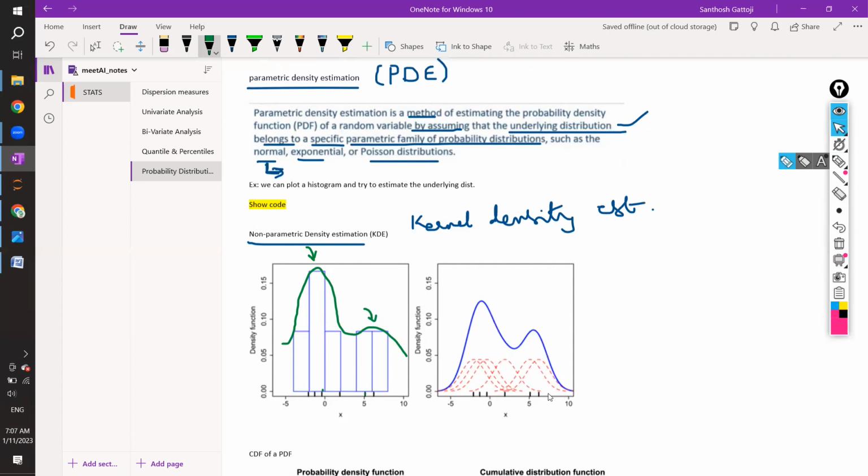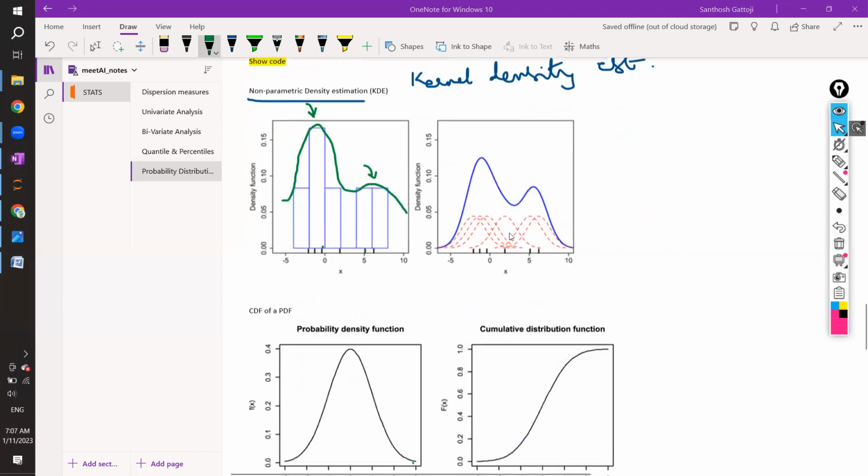Here we don't assume any underlying distribution, guys. Instead, we try to create a Gaussian distribution for each point. Observe here, it's very interesting. We create a Gaussian distribution for each of these points, assuming that each point is a mean.